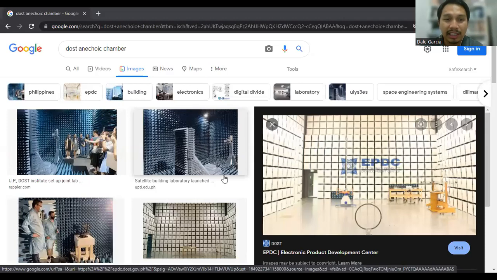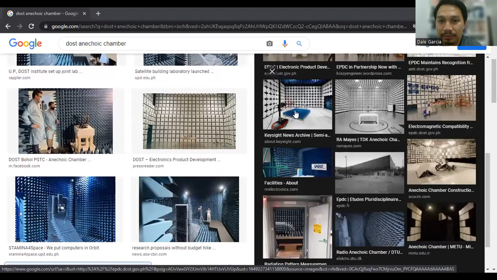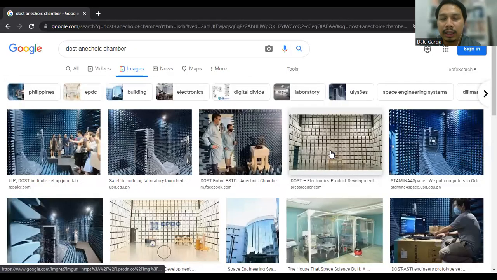Kaning mga equipment makita ninyo first hand, no? Itong mga analyzers, spectrum analyzers na muna sa dito mas dagko and mas powerful. Anechoic chamber gyapon ni.